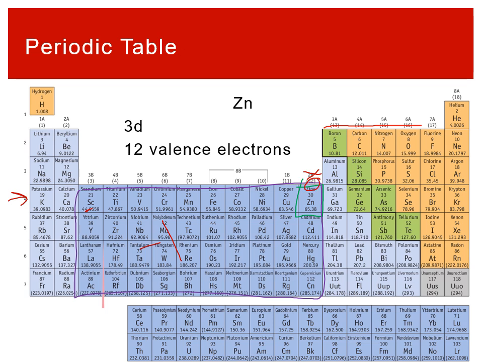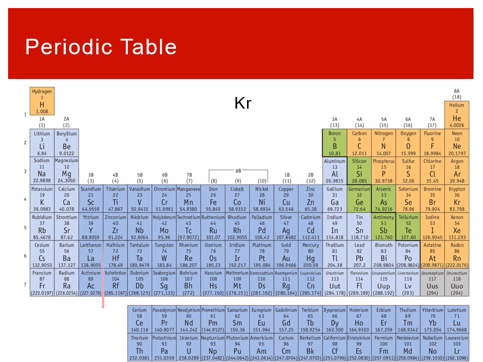We want to use that 12 in parentheses. For example, cobalt is 9. There are 9 valence electrons in a cobalt atom. Whenever we're looking at a transition metal, we always want to use the number in parentheses, not the number with the letter next to it. For s and p blocks, we use the letter that's next to it.